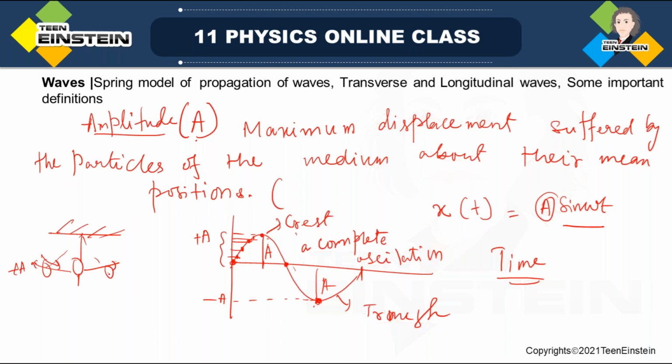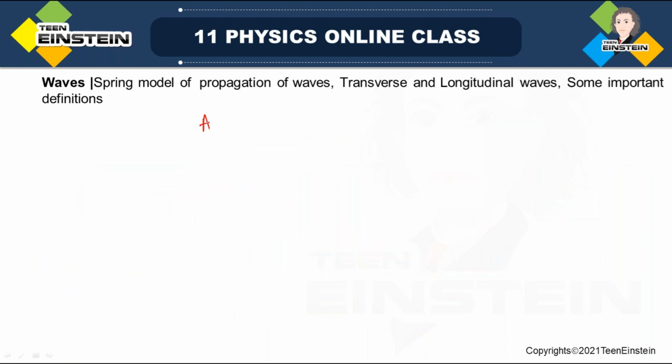Okay, so this is how it will continue to move. So the maximum displacement on either side is called amplitude, and to complete a full oscillation, the time this pendulum takes is called the period, time period.